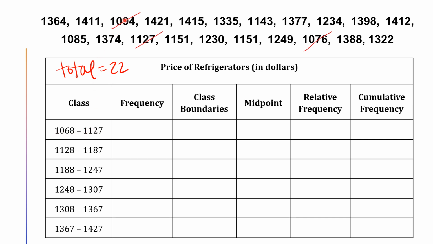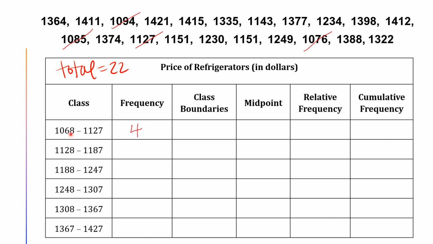There was this third one in the next row, and then 4, 5, 6, 7, 8, that eighth one in that bottom row. So all three of those fall within the first class. All right, so 3. Whoa, 4. That was an extra one. My bad. 1085 was also in there.